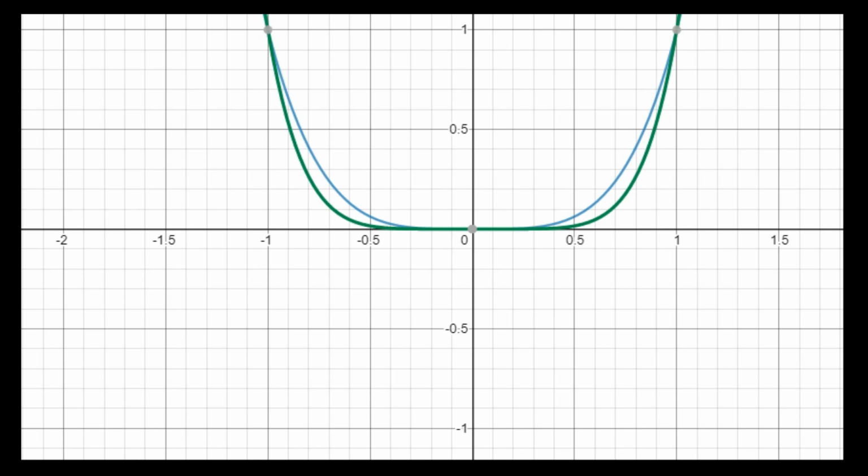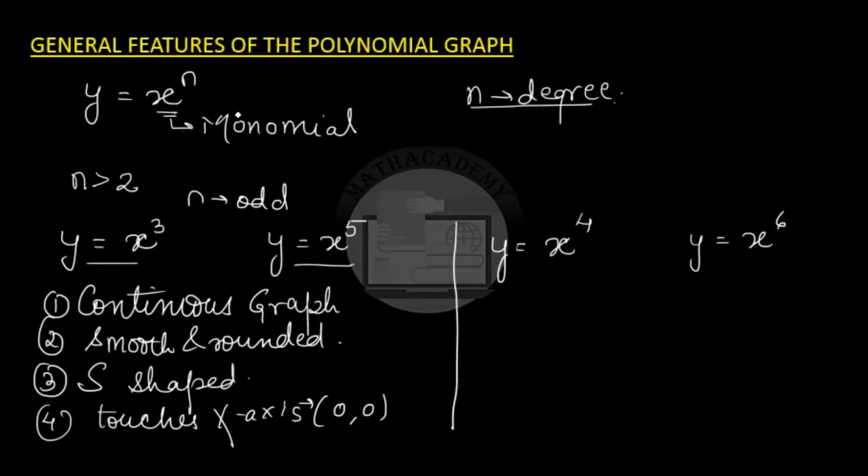So we see that the general feature of any polynomial graph of degree greater than 2 is that it is continuous, which is there for both even and odd degrees. The second common property which we saw was both are smooth and rounded, and they both touch the x-axis at the origin.